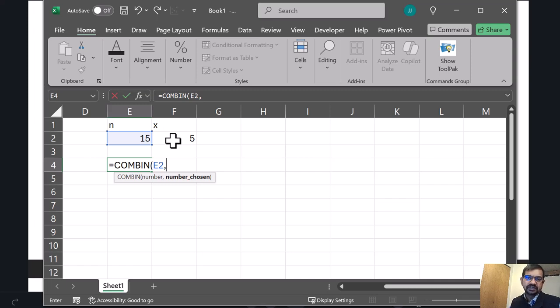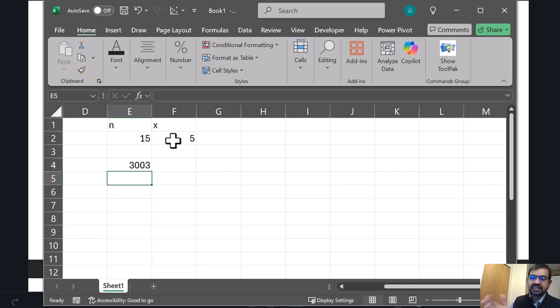I could have typed these numbers directly into my function as well, but it's always good to have relative references, because then if you change things up front, your values get calculated instead of hard coding it. And our number of items that we are drawing is 5. So 15C5 would be a big number doing it by hand, but we let Excel do it. It's 3003.